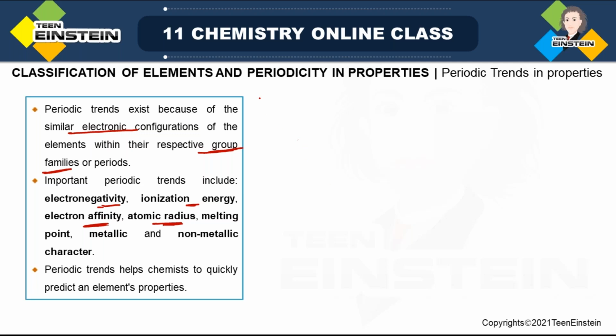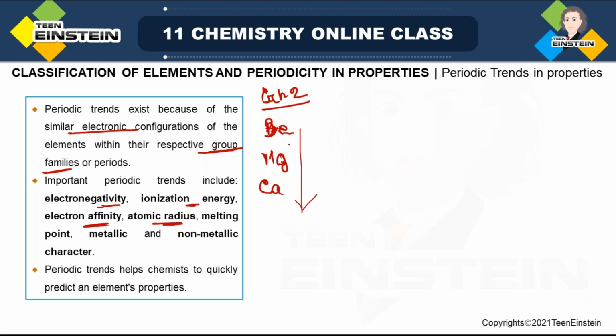So, for example, again I am taking group 2. Now, in group 2, there are different elements, that is Be, Mg, then Ca. Now, the first element, beryllium. As we are moving down, what will be the change in a particular property? Just take the example of atomic radius. So when we are moving down, whether it increases or decreases, you know that property.